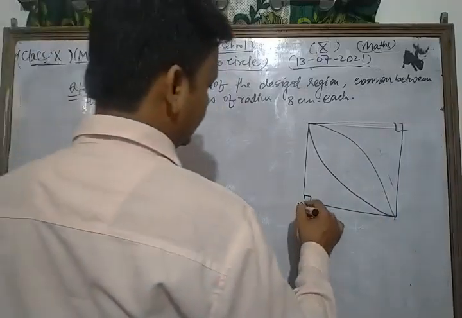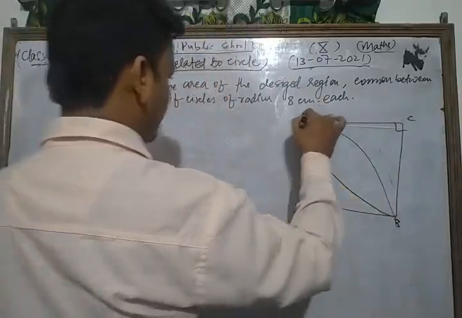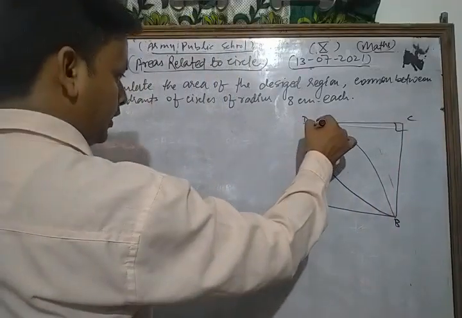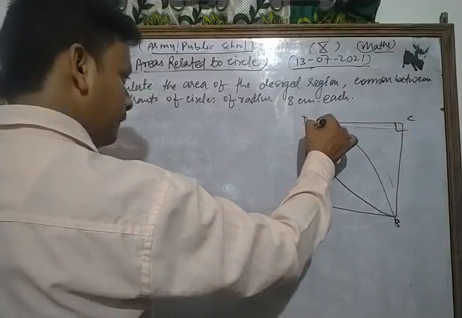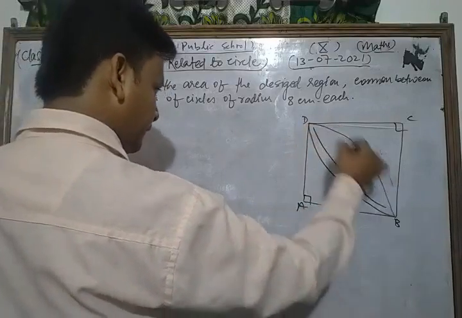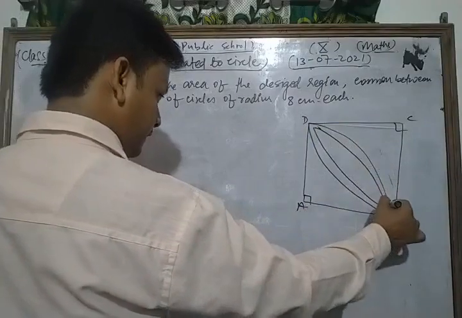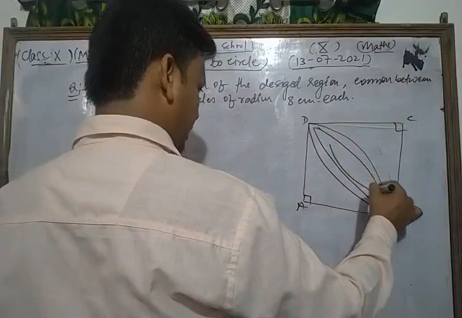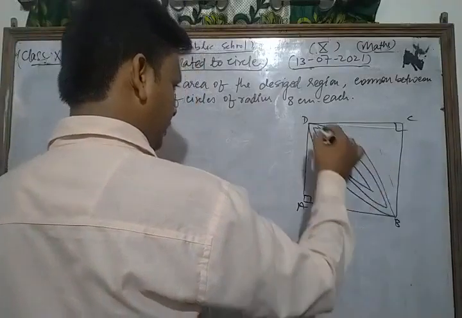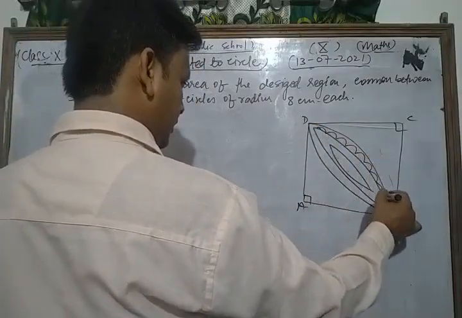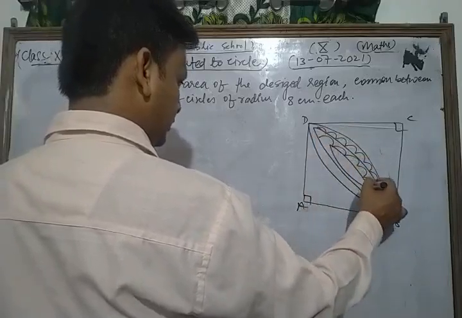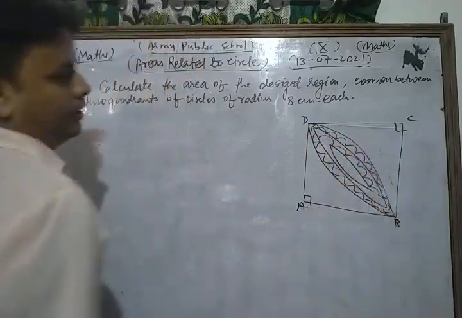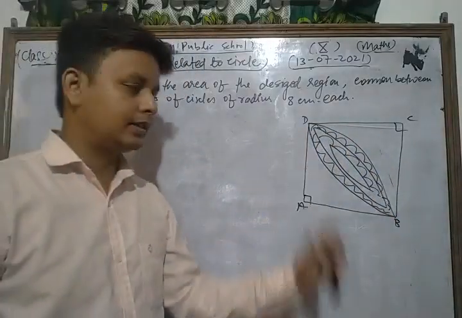A B C D, this is ABCD. In this way, this is the design region. We find the area of that region.